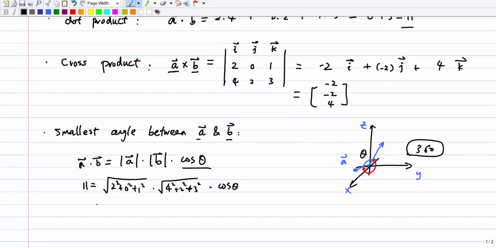So this is 11, this is the square root of 5, and this is the square root of 16 plus 4 is 20, 20 plus 9 is 29.